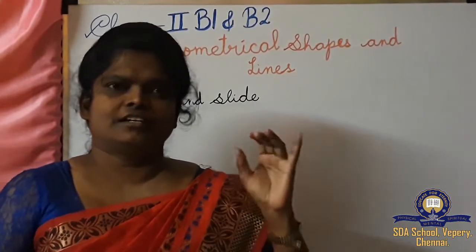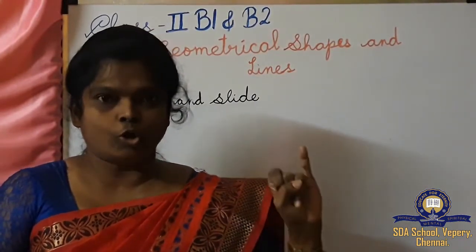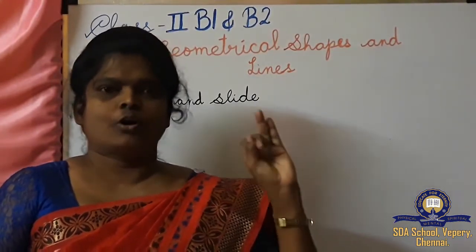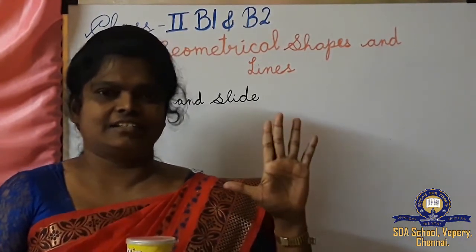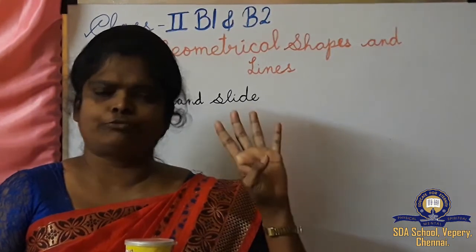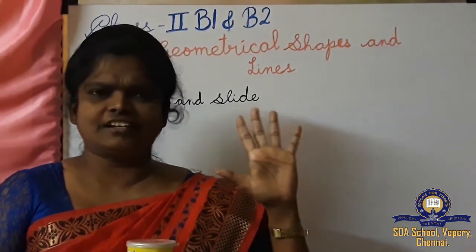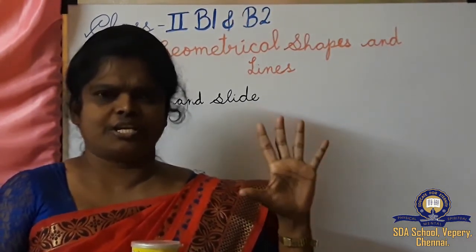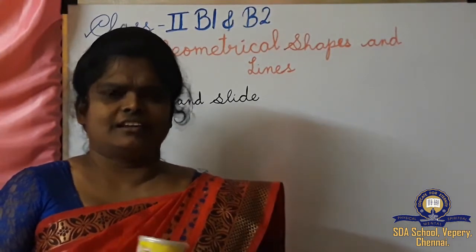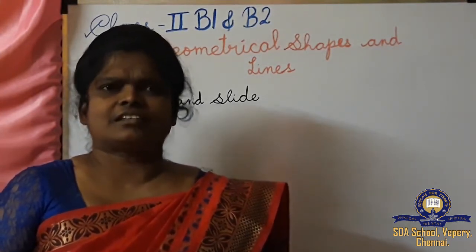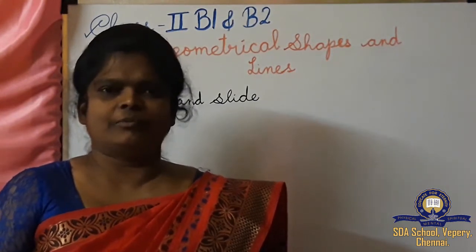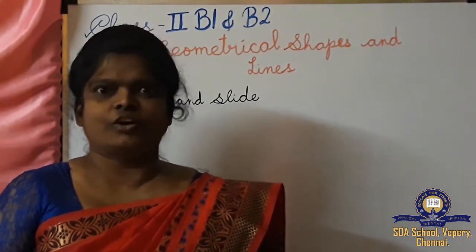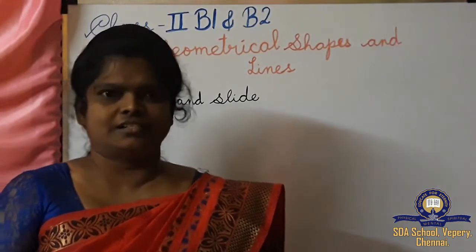Now we have learned the 3D shapes: cuboid, cube, cone, sphere and the cylinder. In 2D shapes, 4 shapes we learned. In the 3D shapes, there are 5 shapes. Next, in the 3D shapes, some objects will roll and some will slide. That now we are going to learn.